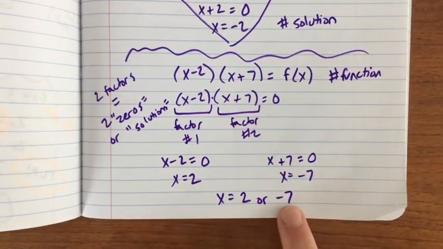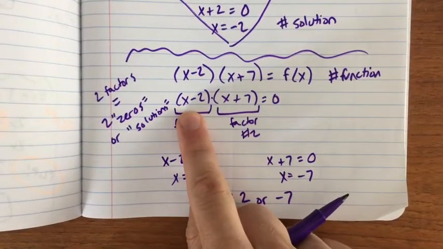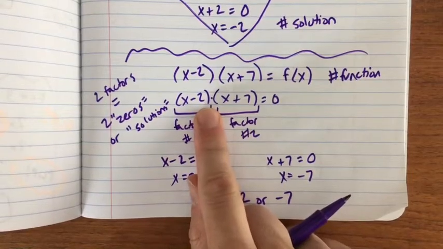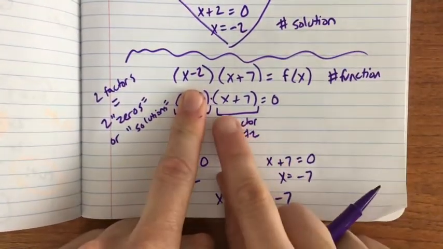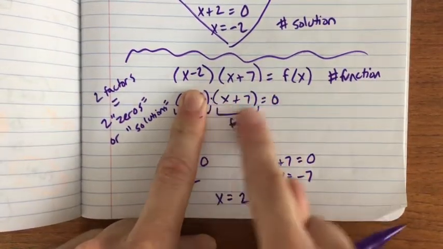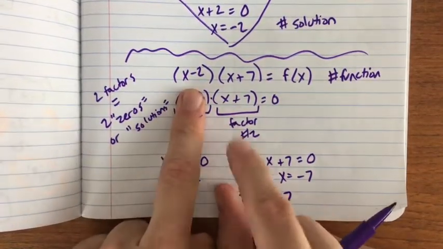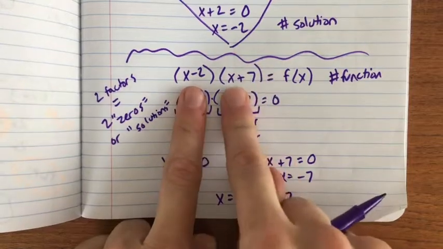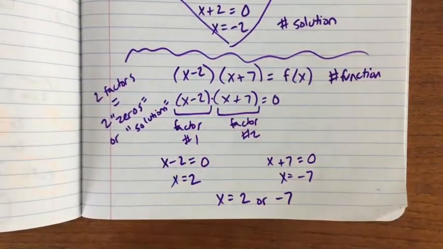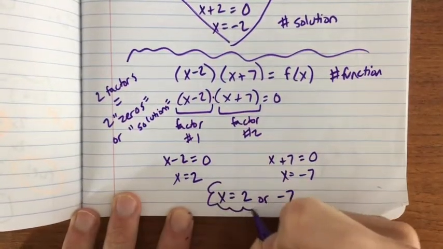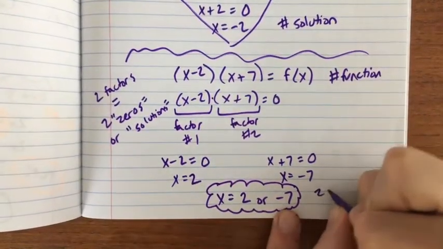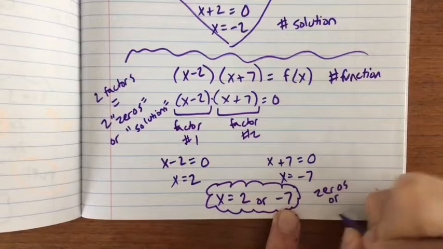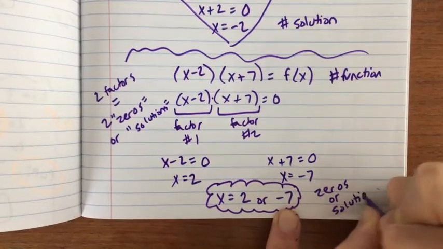If I take the negative 7 and I put it here, negative 7 minus 2, so negative 7, negative 2 makes a negative 9, but negative 7 plus 7 makes 0. So negative 9 times 0 makes 0. These are your zeros, or we can call them solutions.